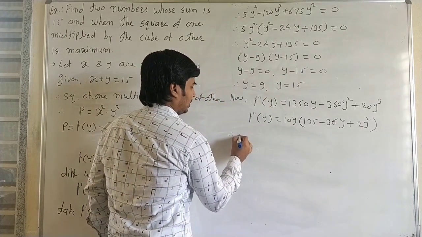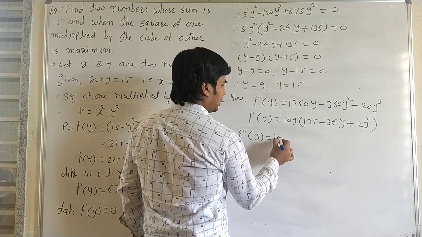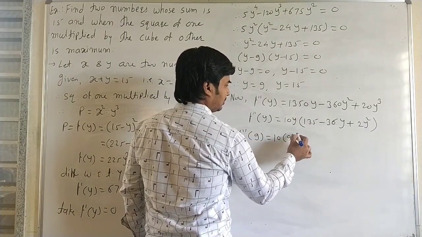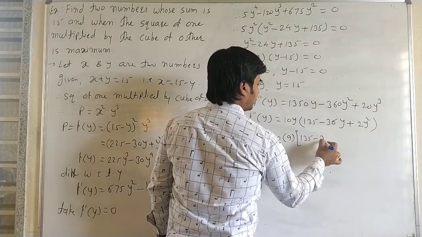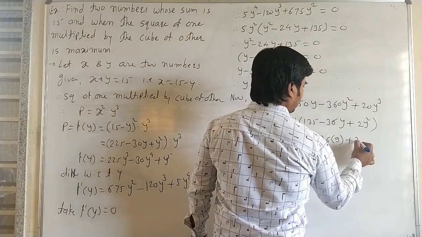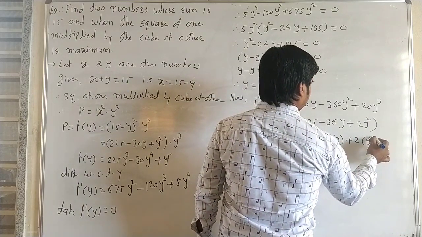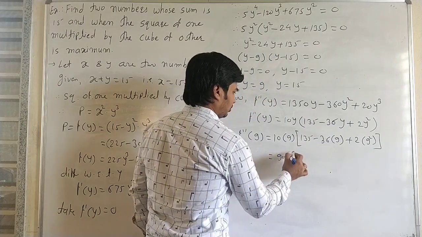Therefore, f double dash of 9 is equal to 10 into 9, 135 minus 36 into 9 and plus 2 into 9 square. Take the calculation, it is 900, it is positive.